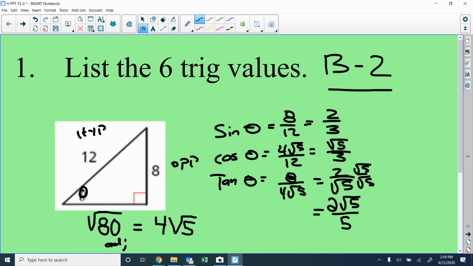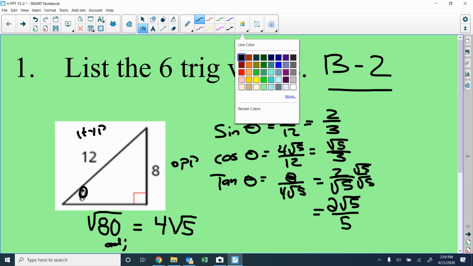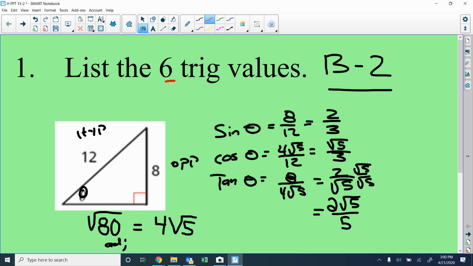So the other trig values, then, will be sine, cosine, tangent. What goes along with the sine is, of course, cosecant. And that is just going to be that guy inverted, isn't it? So it is going to be 3 over 2. That is your cosecant. Your secant is going to be this guy inverted.